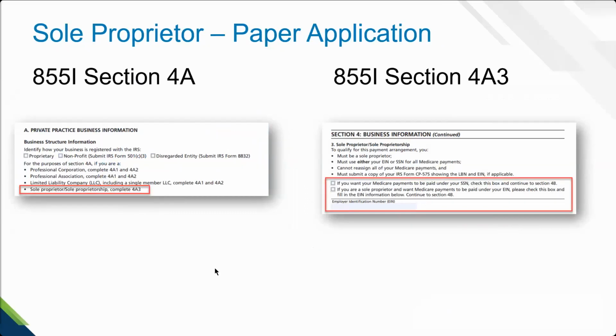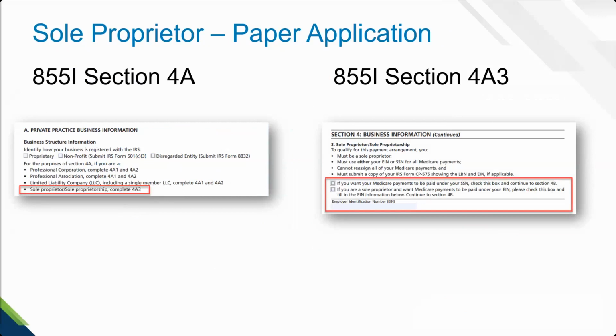So if they do a paper application, the biggest difference is going to be that they fill out section 4 a little differently. Instead of filling out section 4 for reassignments, they're now going to have to pay attention to section 4A. And I'm showing you here some images of that section.